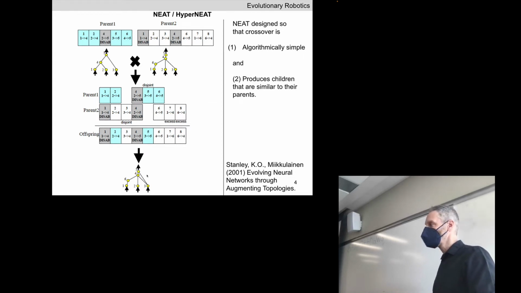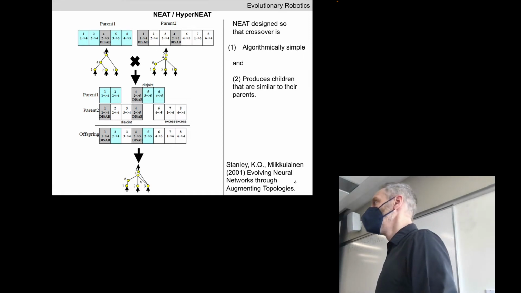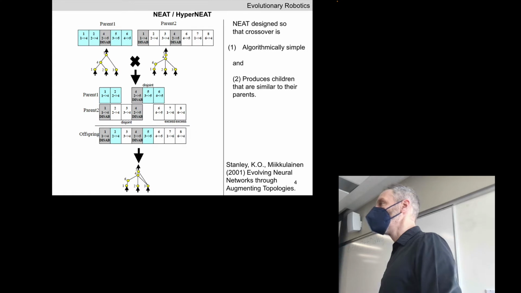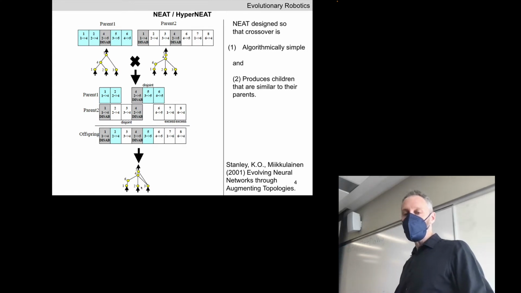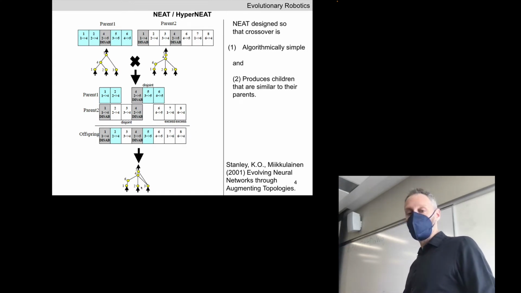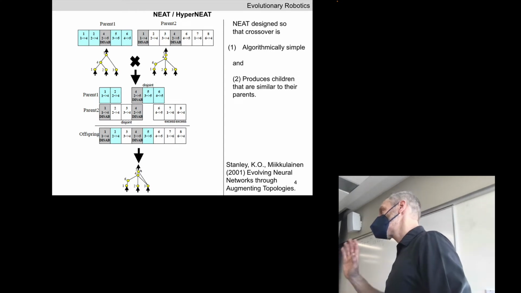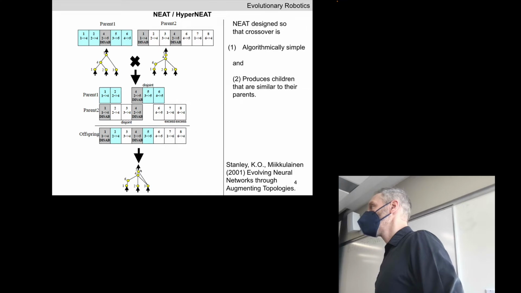And if we then reconstruct the network that corresponds to this genotype, we take this genotype and turn it into this phenotype, we get a child that looks similar to parent 1 and parent 2. It has similar structure, but we have no guarantee that the child will behave similarly to parent 1. And when I talk about behavior for the neural network, it means that if the child receives similar sensory input to the two parents, it will tend on average to produce similar output.